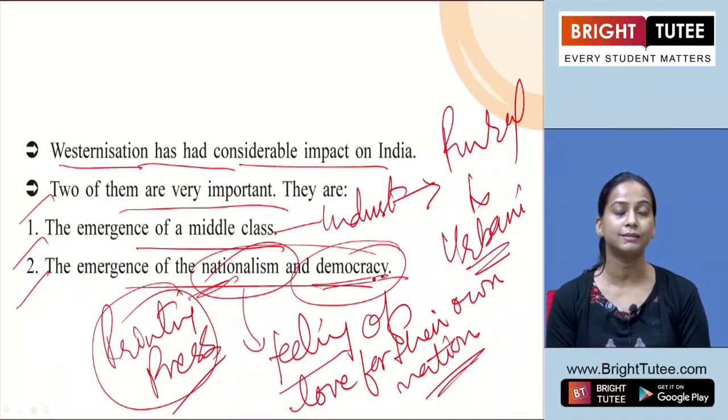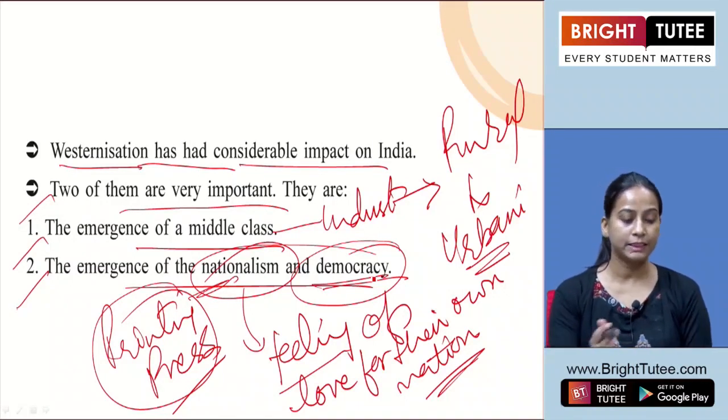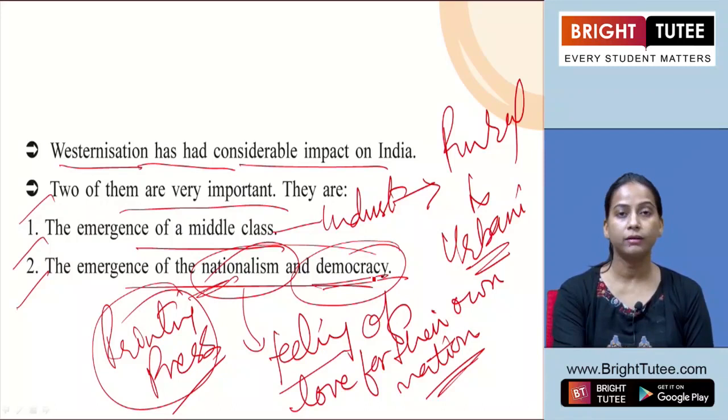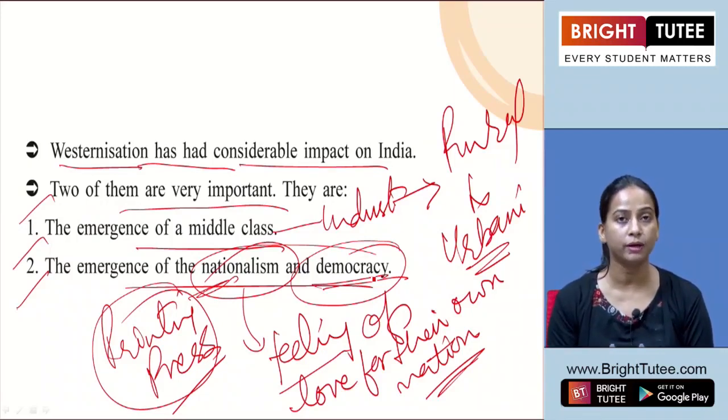They started asking for rights where the people would be the main rulers of the country. So these were the two important impacts of Westernization that were very well visible on Indian society.